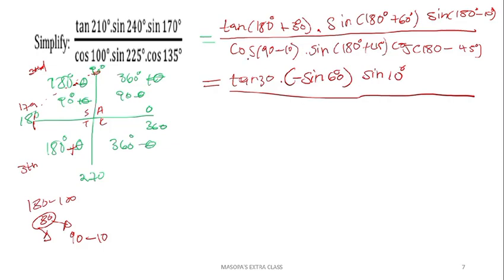Now remember cos of 90 plus 10 gave us negative, so we have negative sine 10. Remember, if we say cos 90 plus theta, you get negative sine theta.